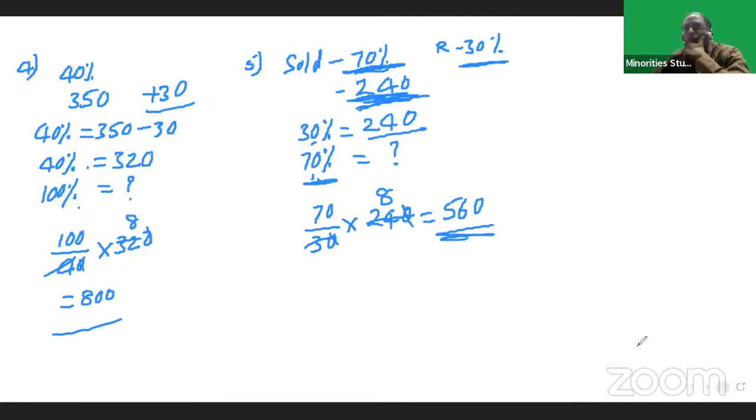Sixth question. A person distributed 20% of his property to his 3 children each.